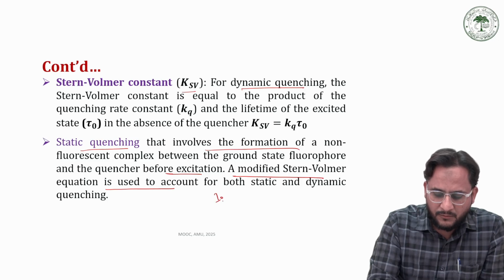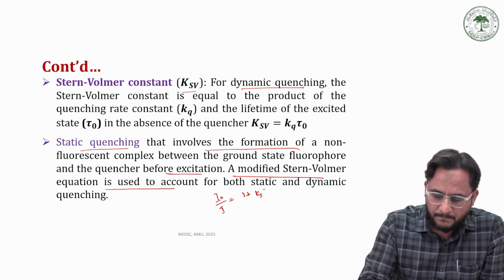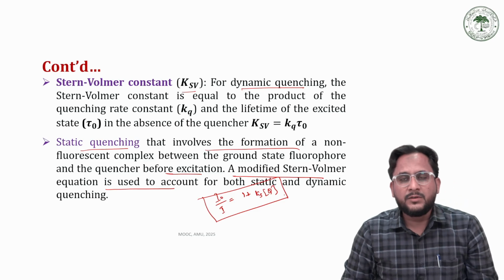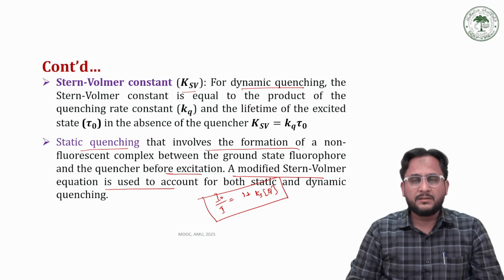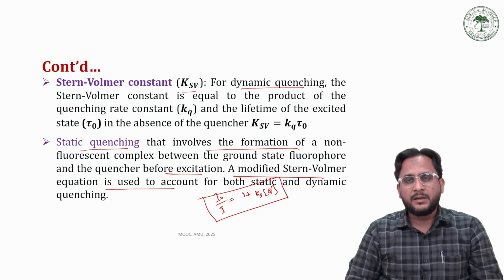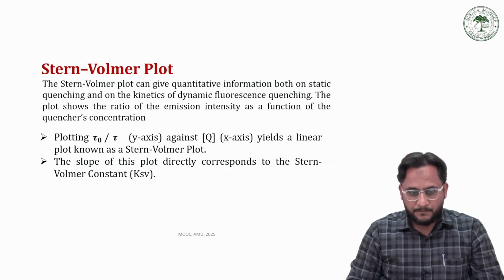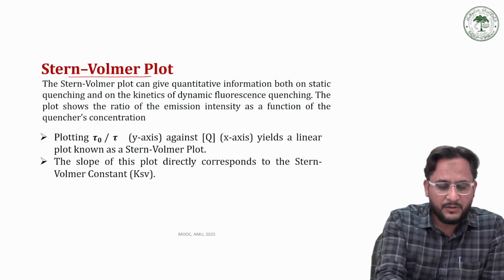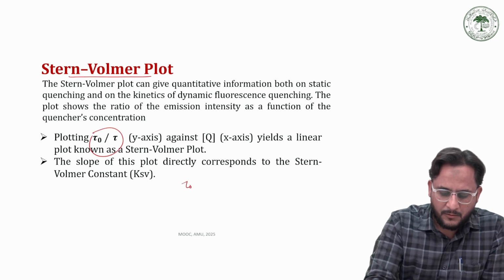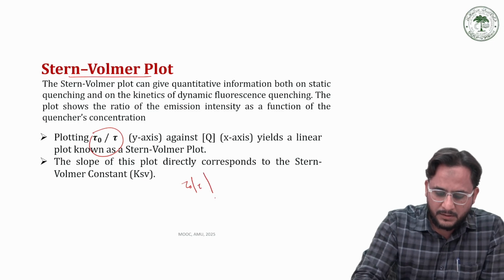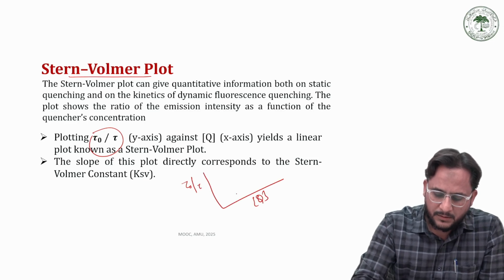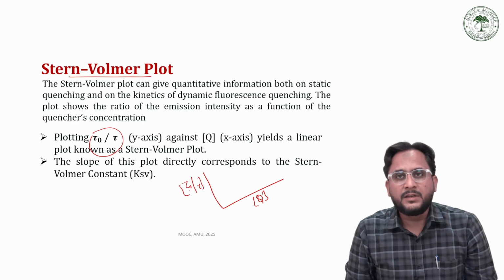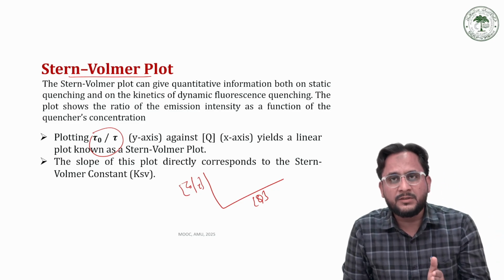That modified Stern-Volmer equation is I naught upon I is equal to 1 plus KS Q, where KS is the static quenching equilibrium constant. Again, if we draw a plot in which we plot tau naught upon tau on the y-axis while we put quencher concentration on the x-axis, this is the ratio of the lifetime of fluorescence in absence of quencher and presence of quencher.